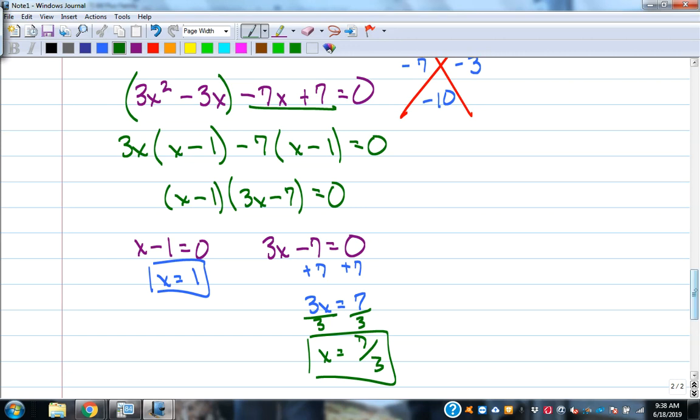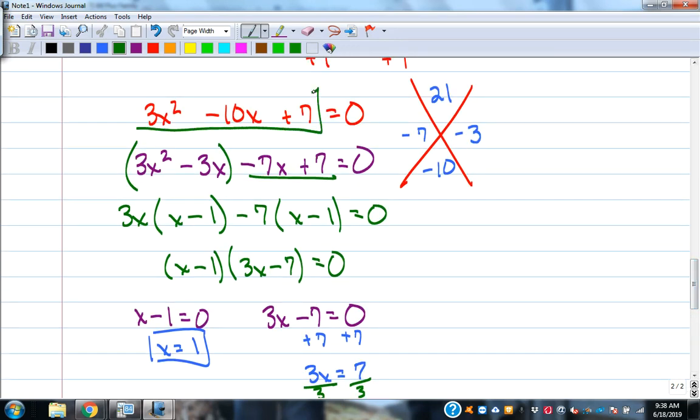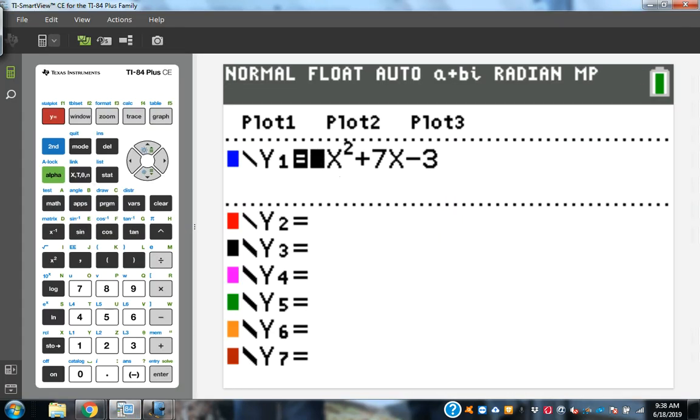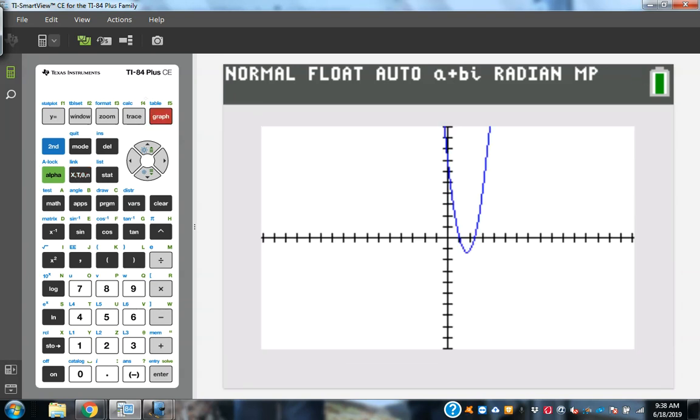Again, if I were to graph this problem with my calculator, I should see it crossing the x-axis at 1 and 7 over 3, which we know 7 over 3 is 2 1/3 if you think about it as a mixed number there. So if I graph y equals 3x squared minus 10x plus 7, there it is crossing.